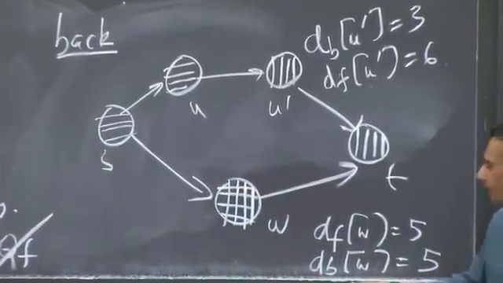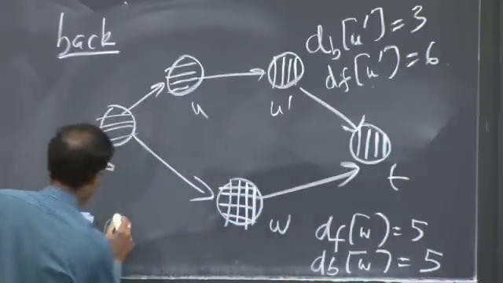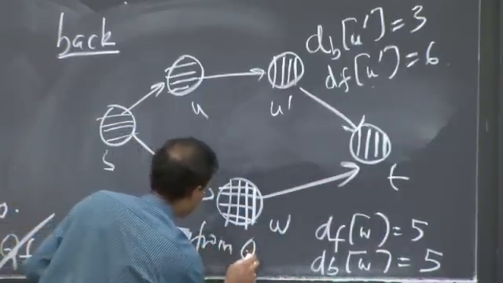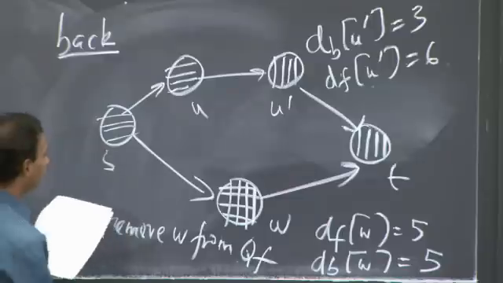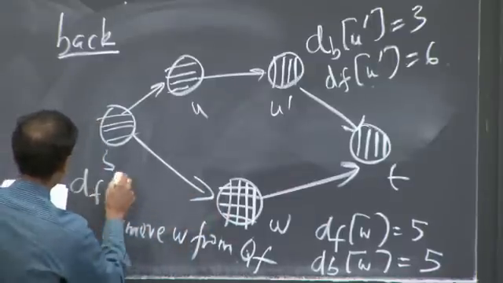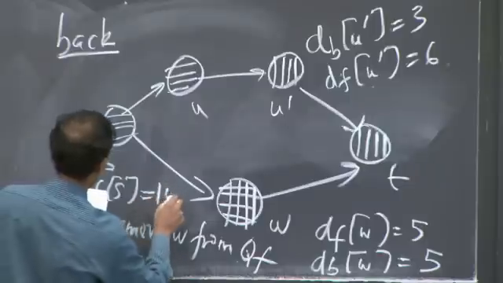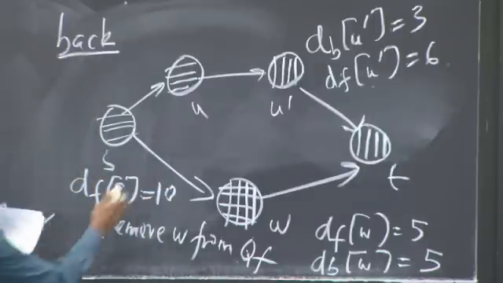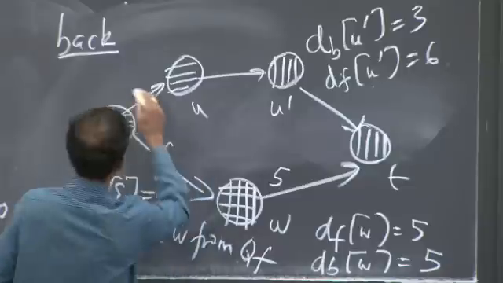You will pick W and remove it from QF. So remove W from QF, all right? And process it. And what you end up with is DF of s equals 10. OK? That's what you get because this is a 5, and that's a 5.